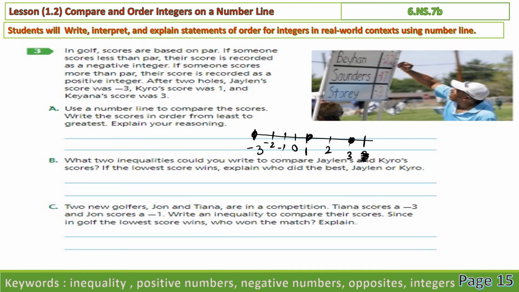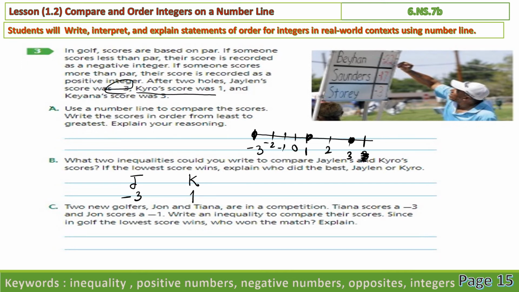What two inequalities could you write to compare Julian's and Cairo's score? Here is Julian, here is Cairo's score. Cairo's score was 1, and Julian's score is -3.